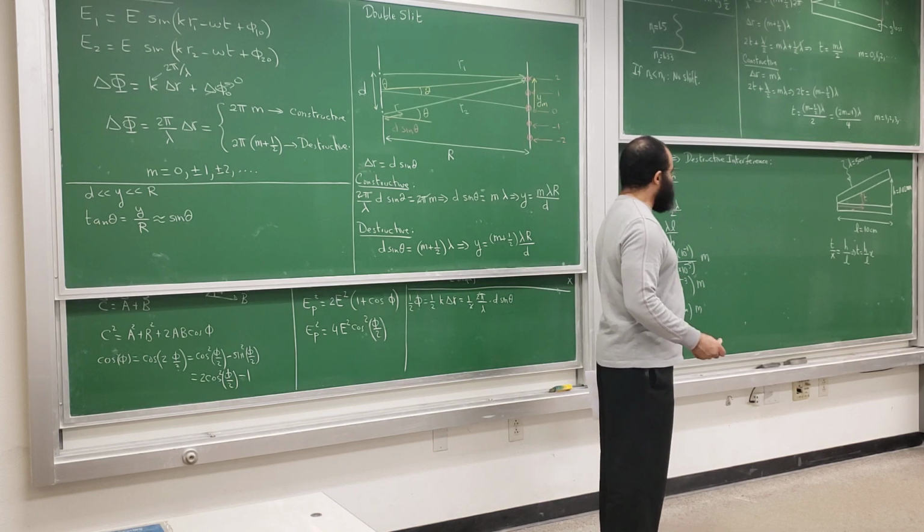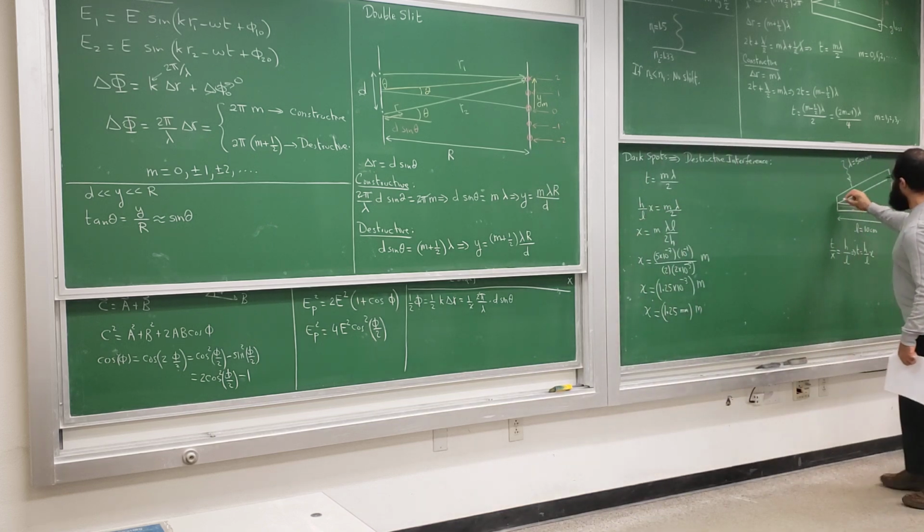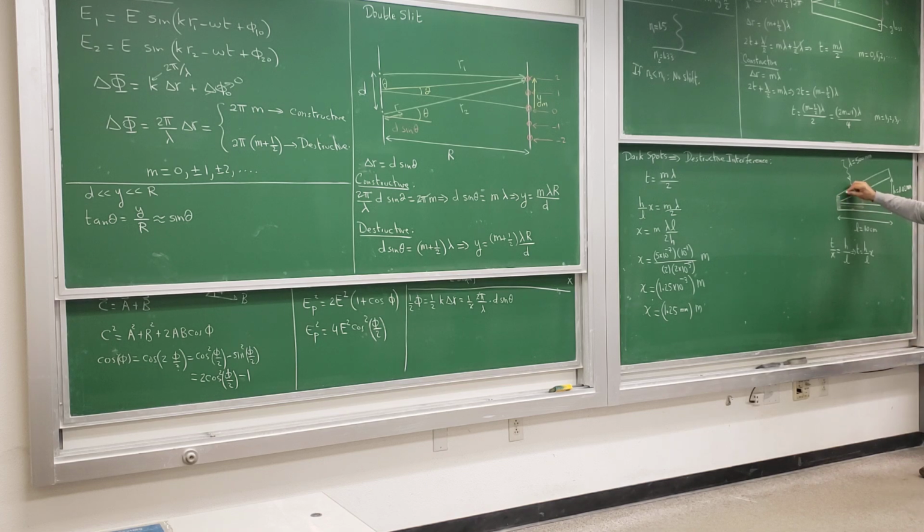So you will have this. Basically, here's your air wedge. You would have a dark spot here, a dark spot here, and then a dark spot here, and a dark spot here. And they're spaced by 1.25 millimeters. That's their spacing. So when you look at the two pieces of glass from the top, you will see dark, bright, dark, bright, dark, bright.